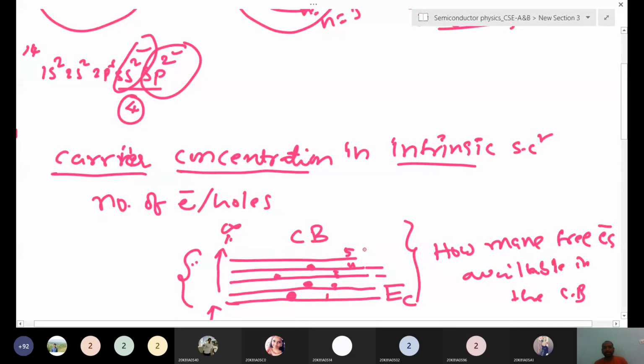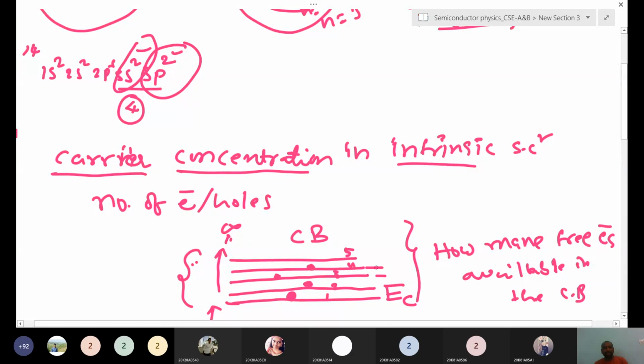In these available states, how many electrons are occupied? What is the probability of occupation of electrons in these states? That is what the Fermi-Dirac distribution function gives.